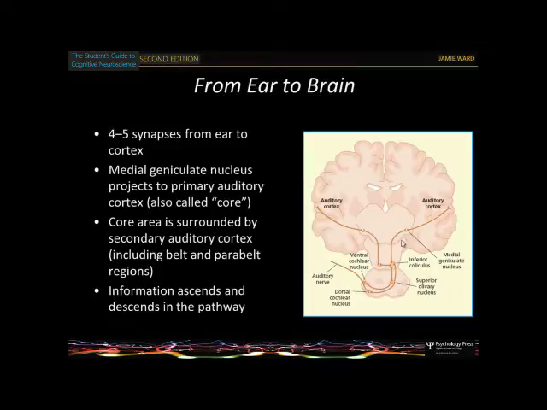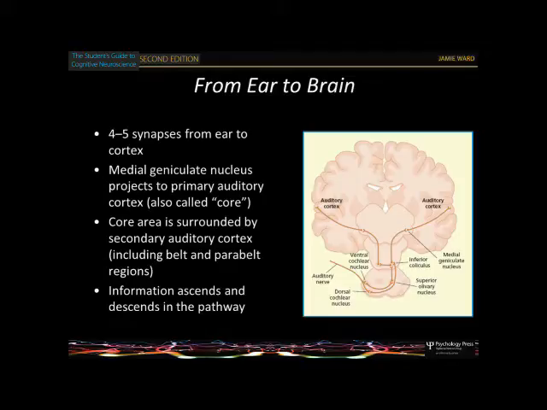In sound, you've got the medial geniculate nucleus, and you've got other processing stations on the way. One way in which it does differ from vision is that you actually have more synapses to get to the auditory cortex. In vision, to get to the visual cortex, you've effectively got just one in the brain at the LGN. Here, you've got other ones. So the signal that gets to the cortex in hearing is already a lot more processed than it is in vision.